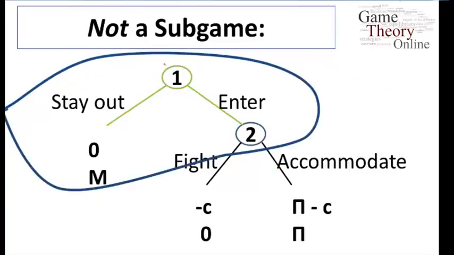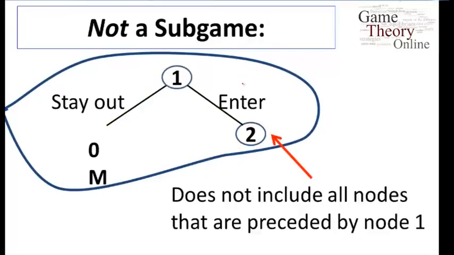What's not a subgame is, say, taking part of the game where the first player moves and then includes a node down here, but does not include what follows after player 2 moves. So we can't chop parts of a game off. Once we start at a given node, we have to include everything that follows in order to be a subgame. This does not include all the nodes that are preceded by node 1.